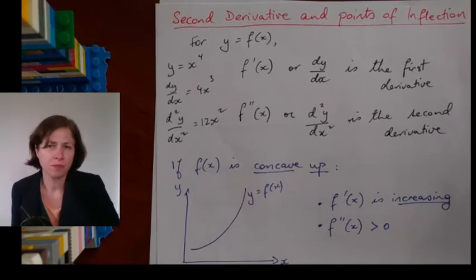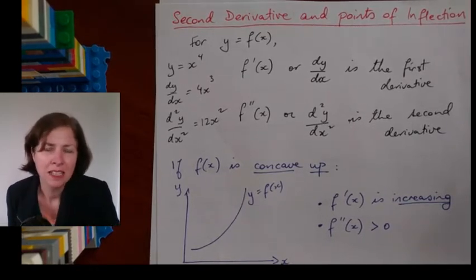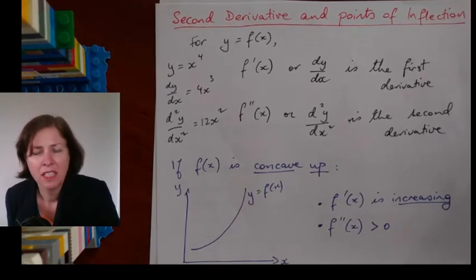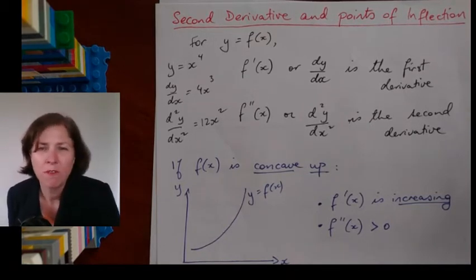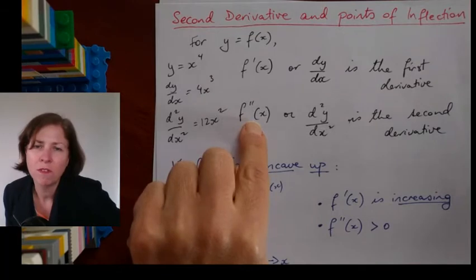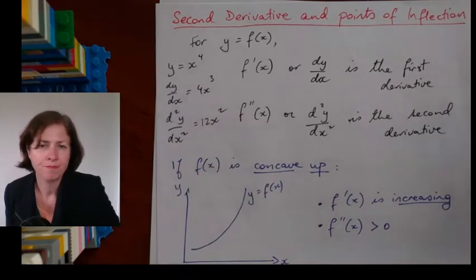If I've got x in terms of t, where x is my location, I derive that to find dx dt, or x dash of t, and that gives me the velocity. If I then find the derivative of velocity, I've got acceleration. So essentially, acceleration is the second derivative of location.